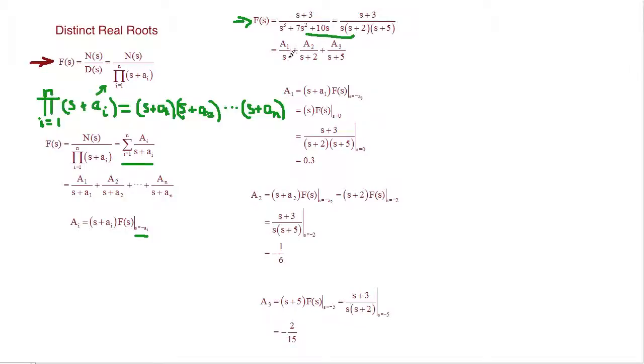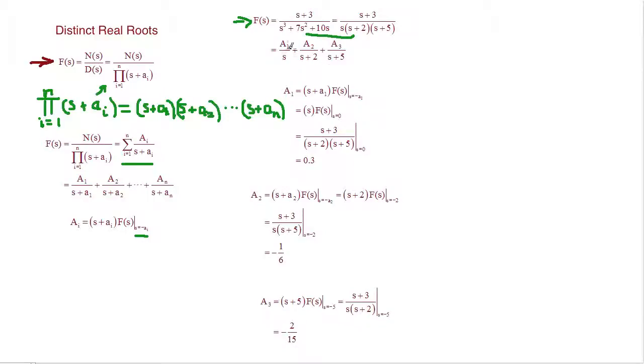So using our formula, we find the A1 term by taking s plus a1. Notice that a1 is equal to 0 here. So we take s plus a1 times F(s), and evaluate it at s equal to negative a1. Here s plus a1 is just s. So this becomes s times F(s) evaluated at s equals 0.